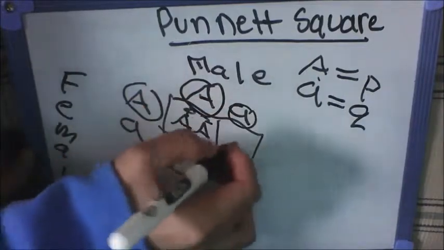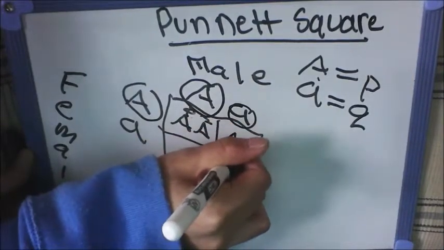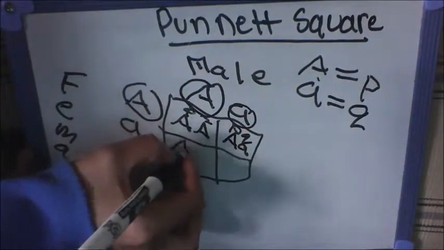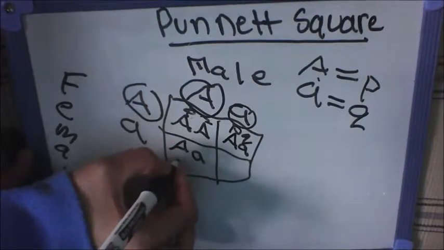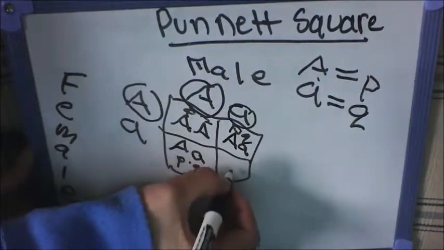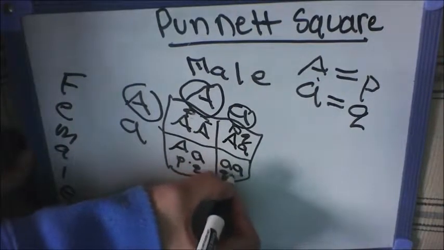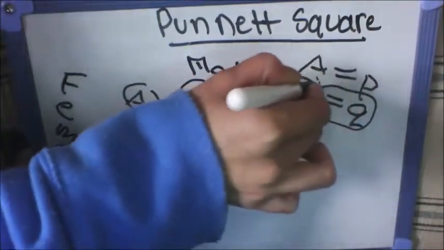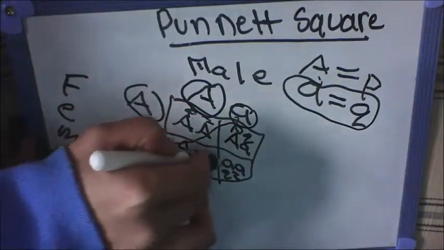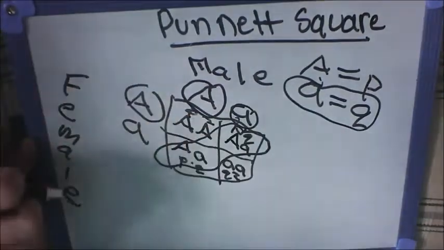And then we're going to go over here and multiply capital A and lowercase a, which is going to give us the heterozygous trait, and that's going to be P times Q. This is going to be the same thing, capital A times lowercase a, P times Q. And then we're going to multiply the two lowercase letters, lowercase a and lowercase a, which is Q squared, because lowercase a equals Q. When we add these all up, we get 2 times P times Q, because there are two heterozygous traits.